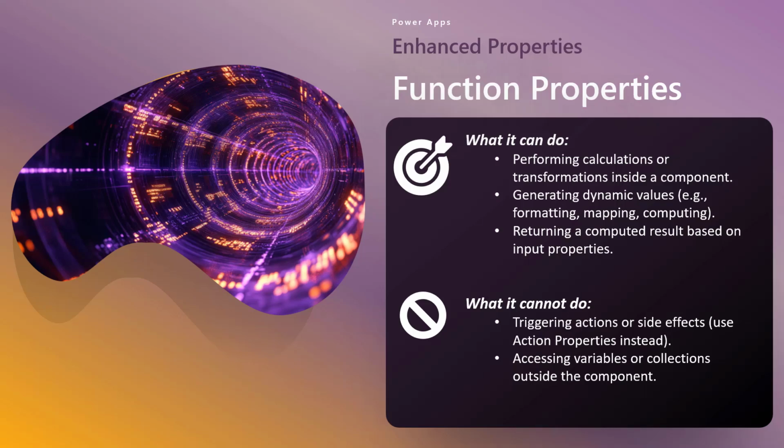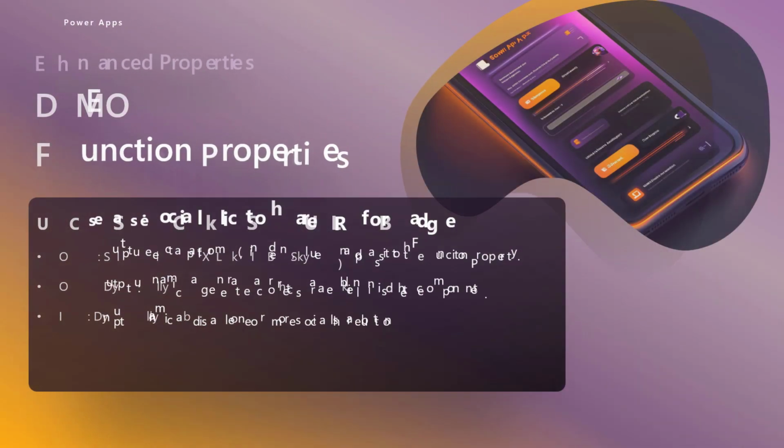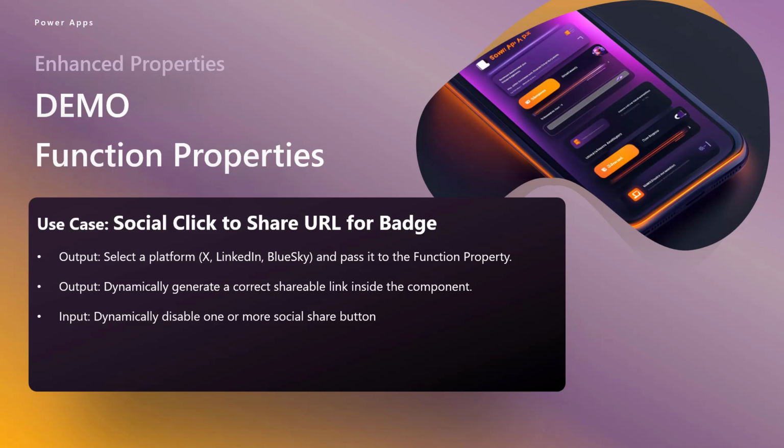All right. So what is the demo that we're going to do? What's our use case? We're going to stick with our badges like we saw in the first demo. Now, if you didn't get to watch that video, essentially there are badges that are part of a community recognition program where, when you contribute to the community, you can earn badges for a variety of things that you contribute. So we're going to set up a component that has a click to share function.